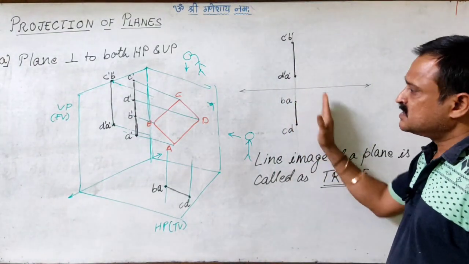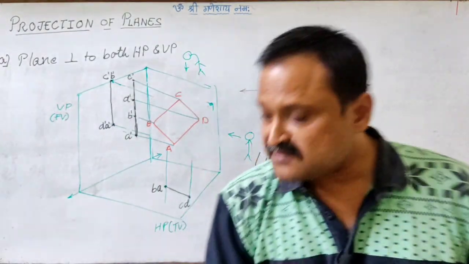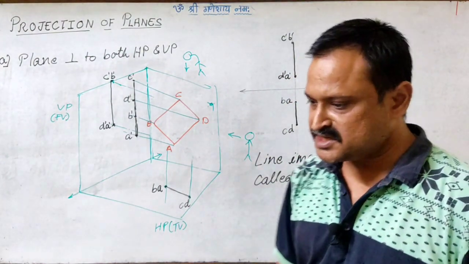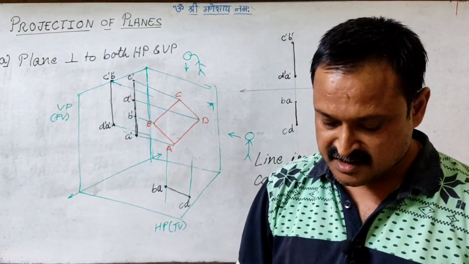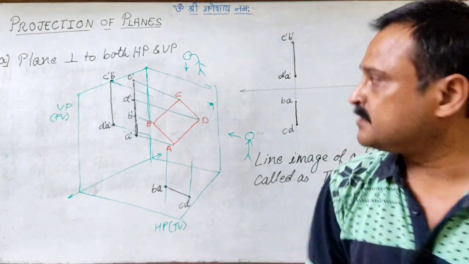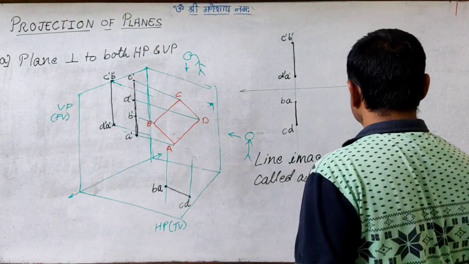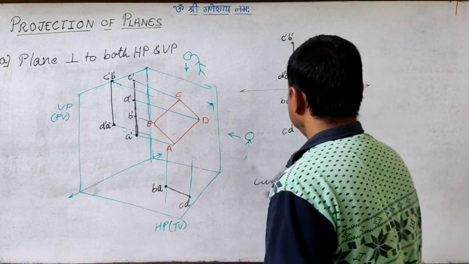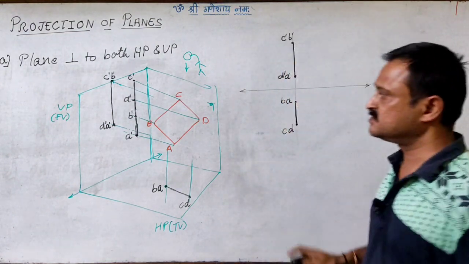So that is how we understand. This is one of the simplest conditions in which a plane can be kept. We can use this if required for achieving the final projection of the line.